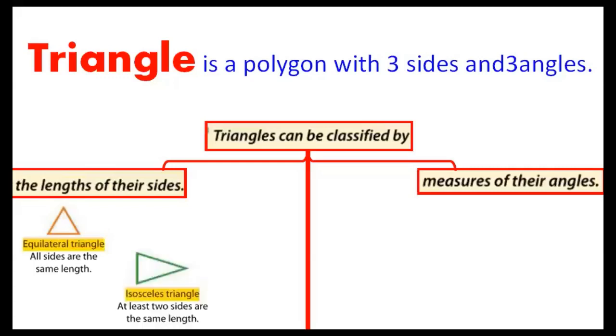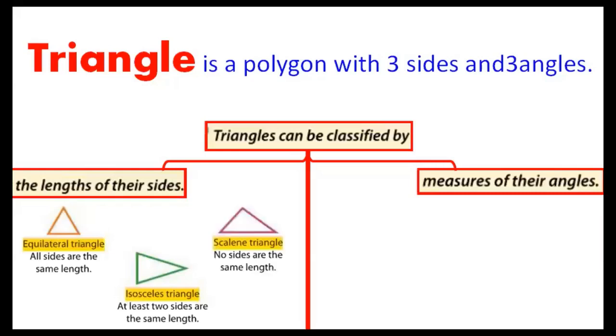An isosceles triangle has at least 2 equal sides in length. To say isosceles triangle, you must have at least 2 sides equal in length.